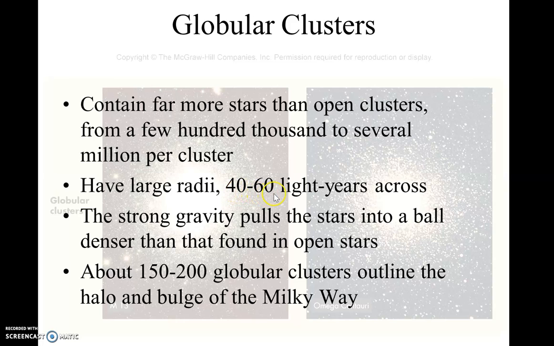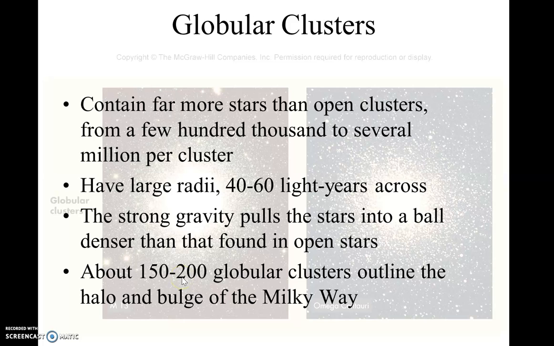All right, so now globular clusters. Their size is anywhere from 40 to 60 light years across, or the radius of a globular cluster, so they could be as big as 120 light years in diameter. We see about 150 to 200 globular clusters.